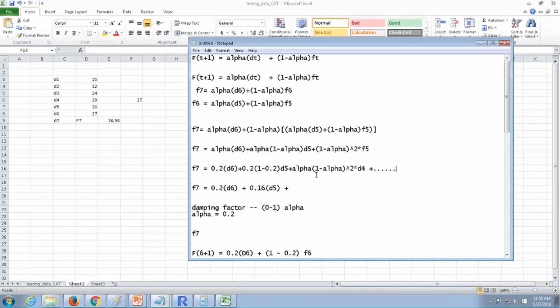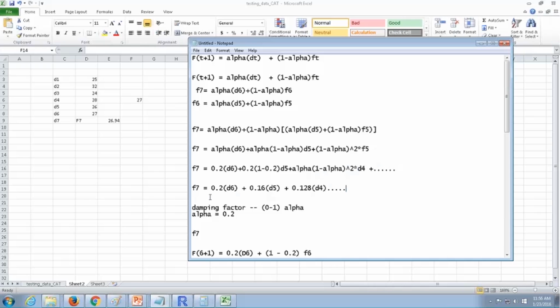So now just tell me what is the value here. Alpha into 1 minus alpha the whole square, 0.64 into 0.2, 0.128, right? 0.128 into D4. And it keeps on going. This formula would keep on going. So now just look at how the weights are calculated. Which has the highest weight?